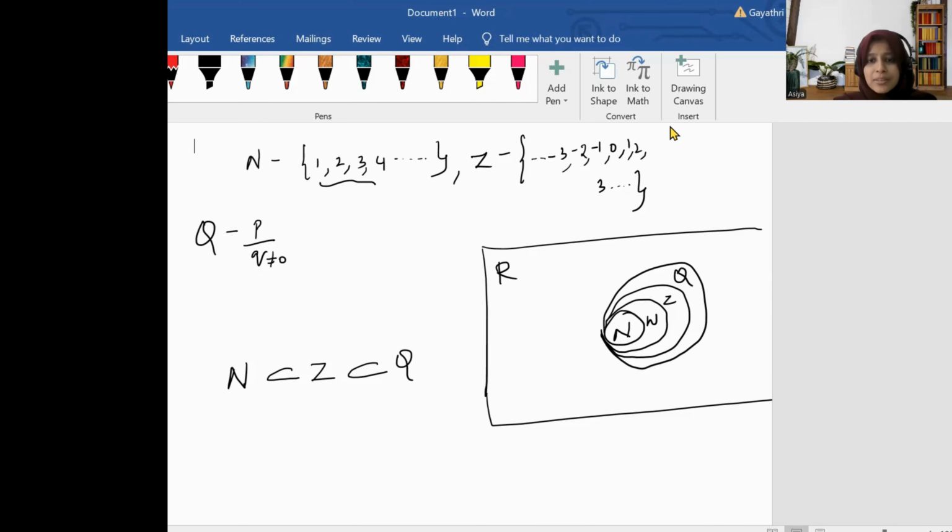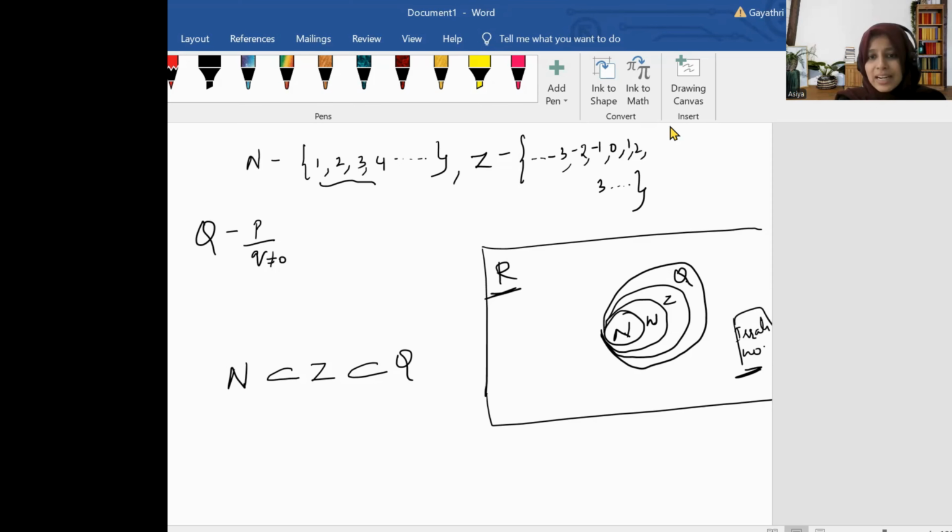Whereas this is my R, and we have irrational numbers written over here, right? So what does this mean? This means all my natural numbers are whole numbers, all my whole numbers are integers, all my integers are rational numbers, all my rational numbers are real numbers. So irrational numbers are also again my real numbers.